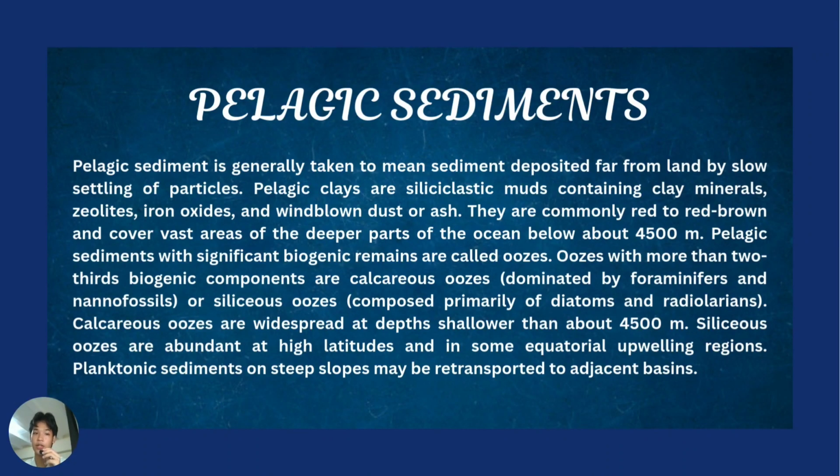Oozes with more than two-thirds biogenic components are either calcareous oozes, which are dominated by foraminifers, or siliceous oozes. Calcareous oozes are widespread at depths shallower than about 4,500 meters.